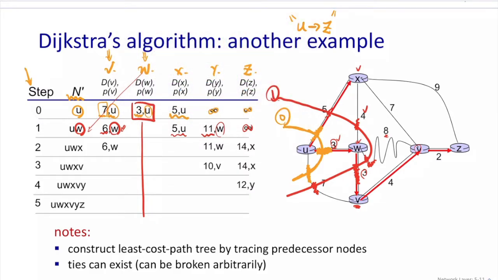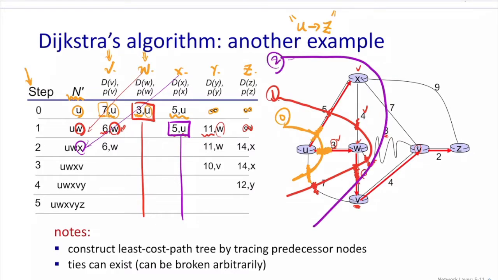Okay, so next part, again, we select the smallest one, which is X. So we add this X to here. So right now you draw a boundary like this, right? So now we have included X right here, so X can reach this one.